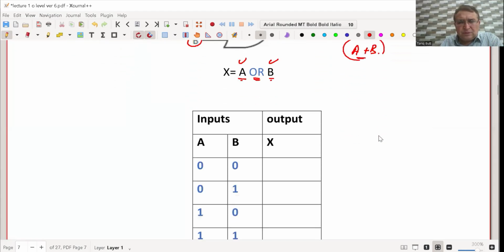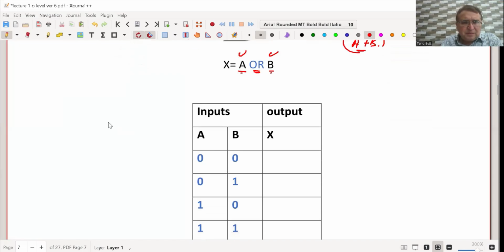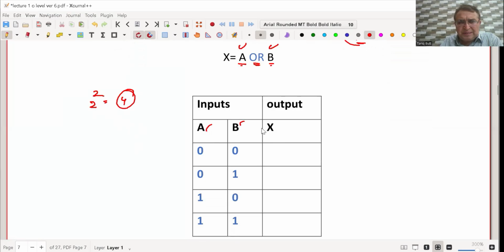So the truth table for this, again, since inputs are 2, so 2 squared is 4 input combinations. A, B are the labels assigned to inputs. So 4 combinations are 0, 0, 0, 1, 1, 0, and 1, 1.